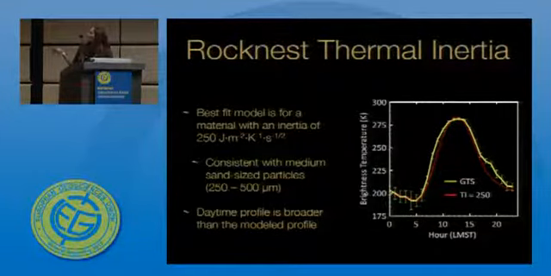I'll also point out that the modeled profile here is a little bit narrower than the actual measured daytime profile, and we're not entirely sure why that's occurring yet. We don't know if it's quite a real effect. There might be some more tweaks to be made to the thermal model. But it's very possible that there is something causing the surface to warm up a little bit faster than the model predicts and stay warm just a little bit longer than the model predicts.